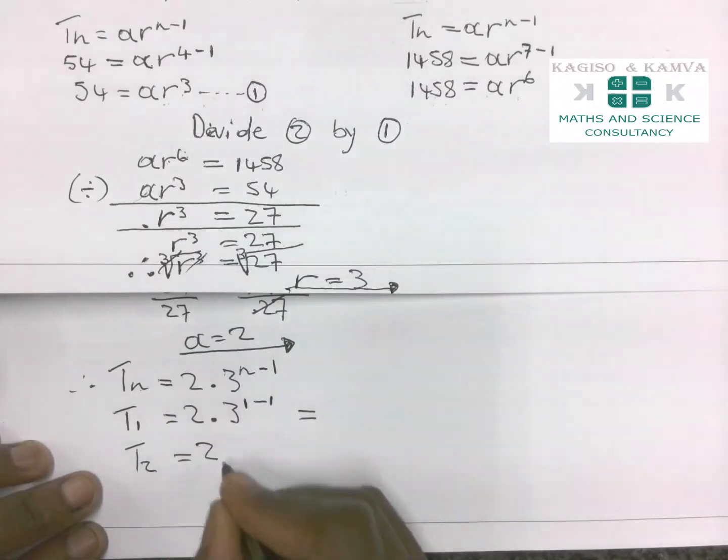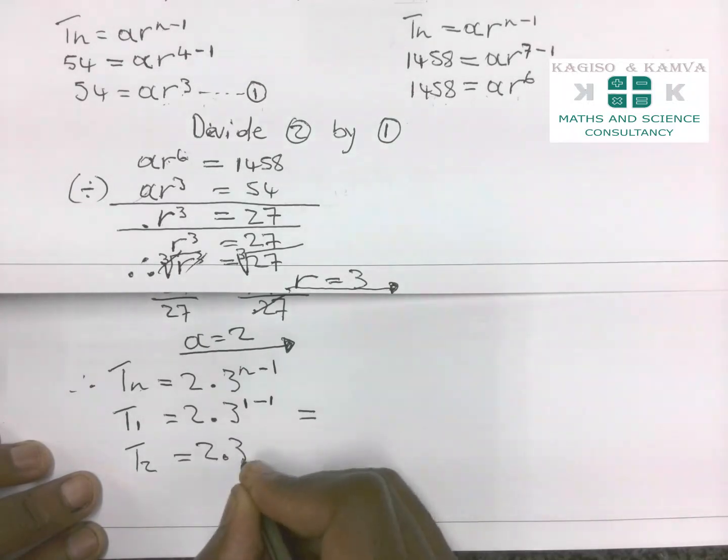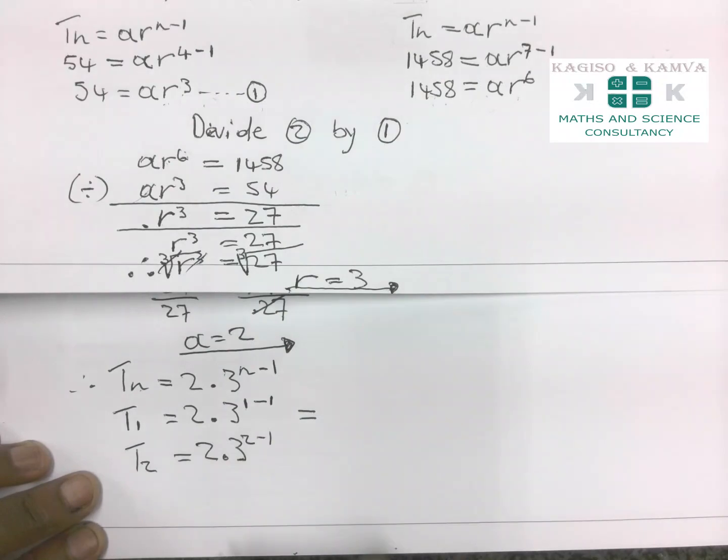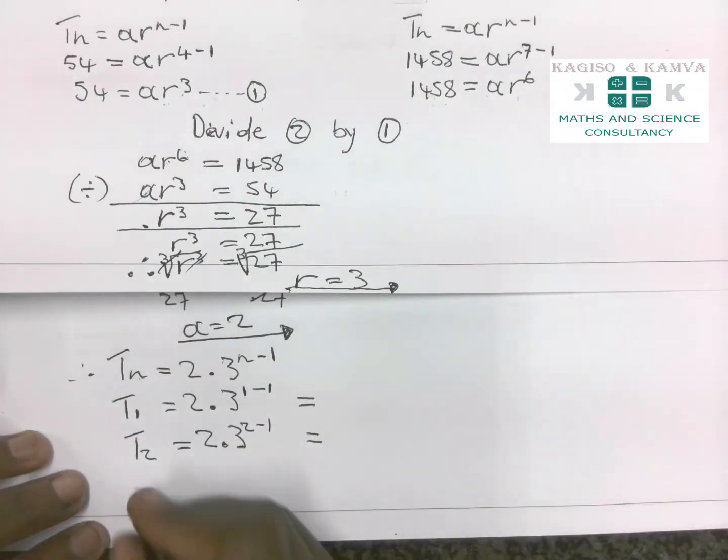For T2, 2 times 3 to the power of 2 minus 1, which gives 6.